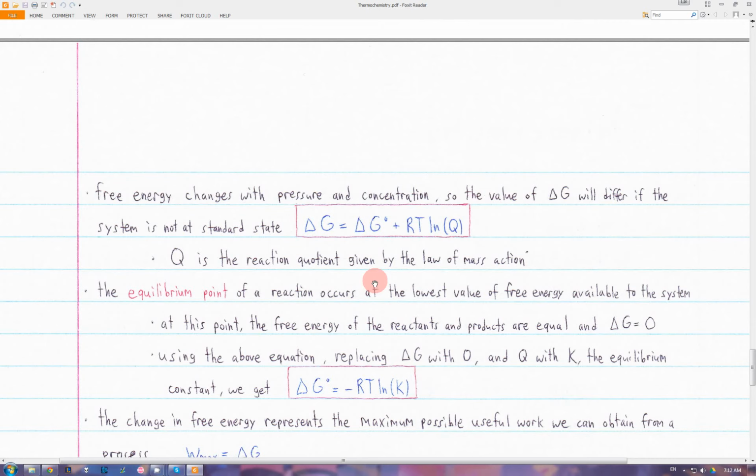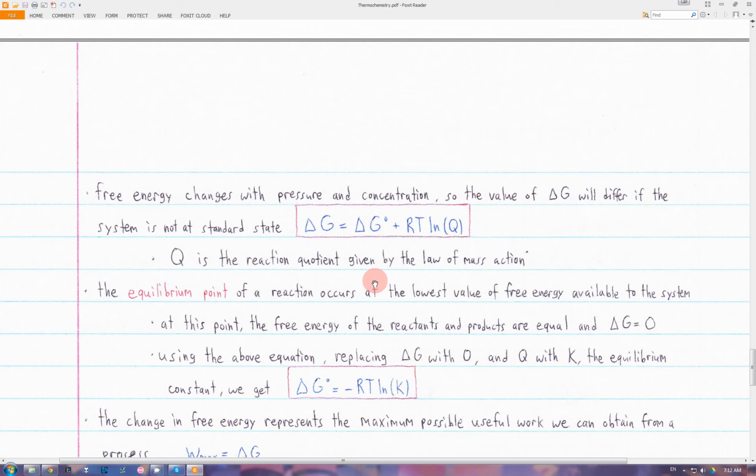It's always decreasing if it's negative delta G. And then eventually, it's not going to decrease anymore. And you don't want to increase it because positive delta G means non-spontaneous. So it just sits there. And at that point, delta G equals 0. That's the equilibrium point, when the free energy of the reactants and products are equal.